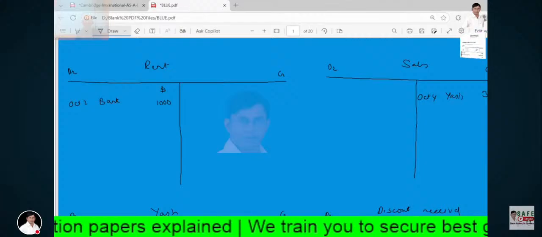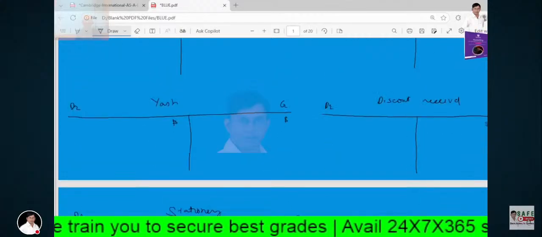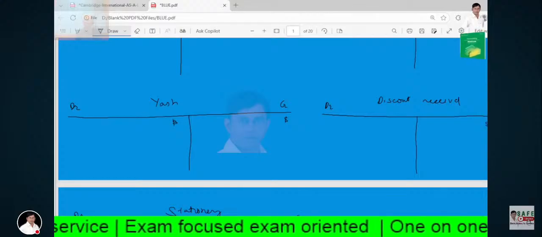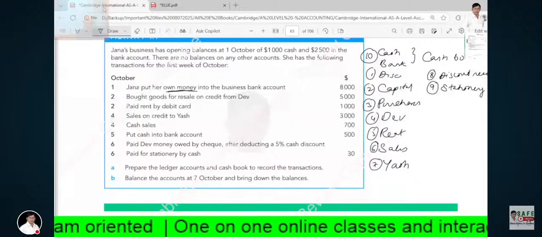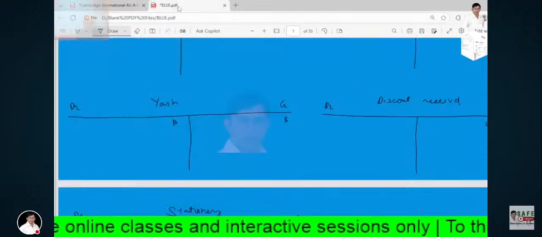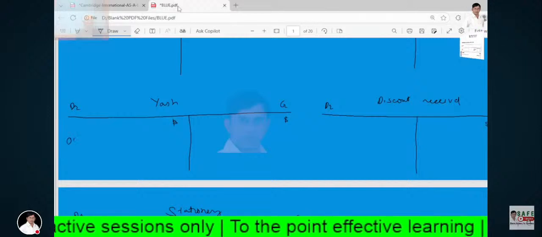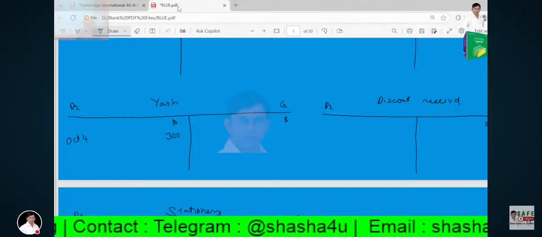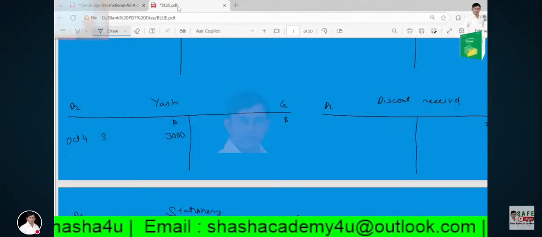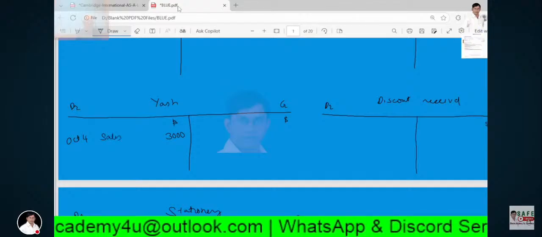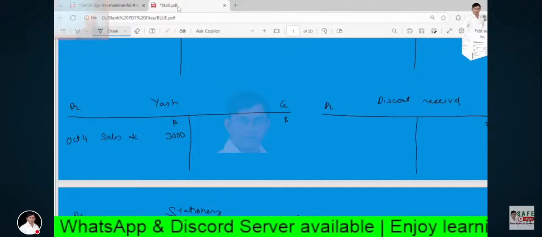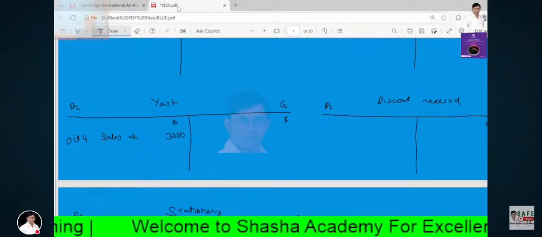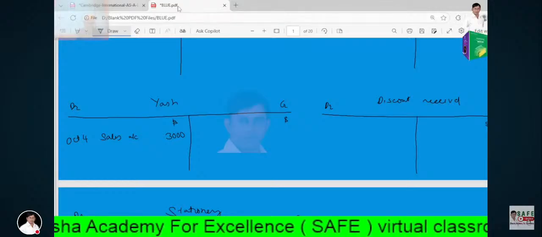Yash account will be debited. Why are we debiting? Because we have sold the goods to him. Yash is the receiver, the account that receives, so debit the account that receives.